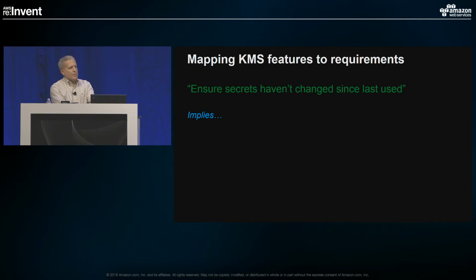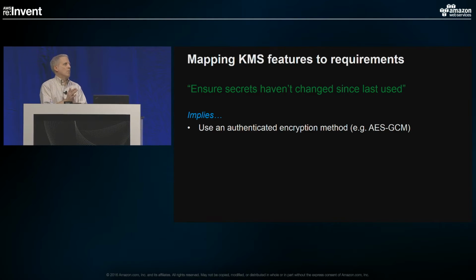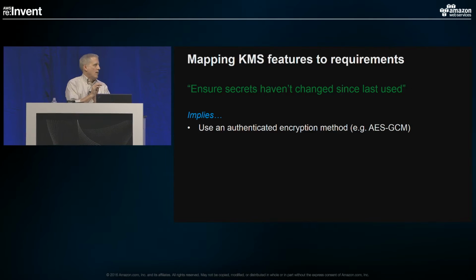How do we ensure that secrets haven't changed since they were last used? So here, rather than having you try to manage a bunch of checksums or drive a MAC off of a secret, with KMS, we actually provide authenticated encryption by default.